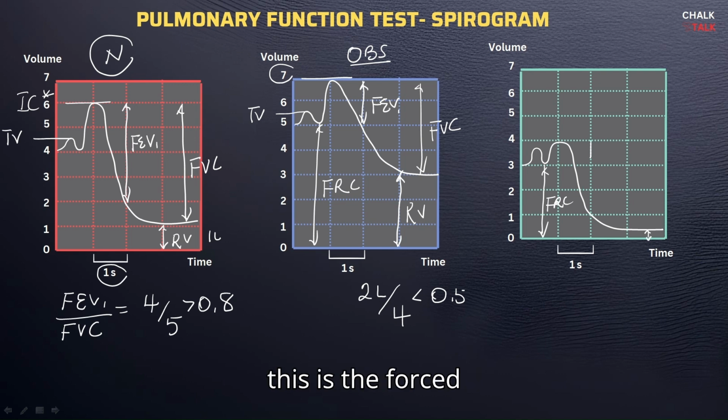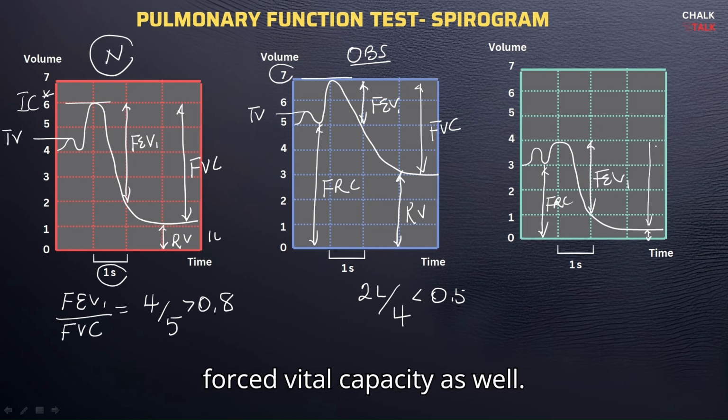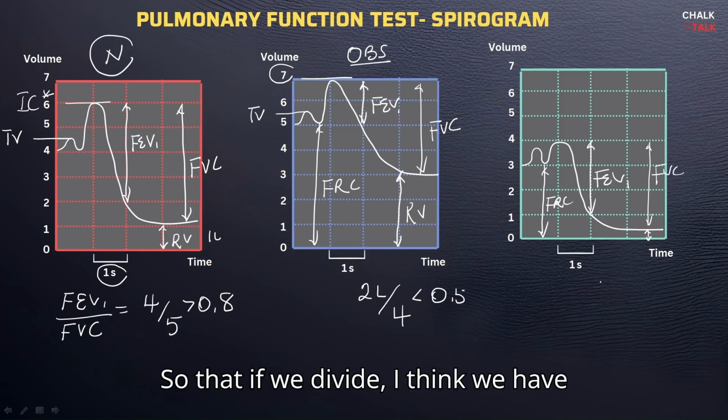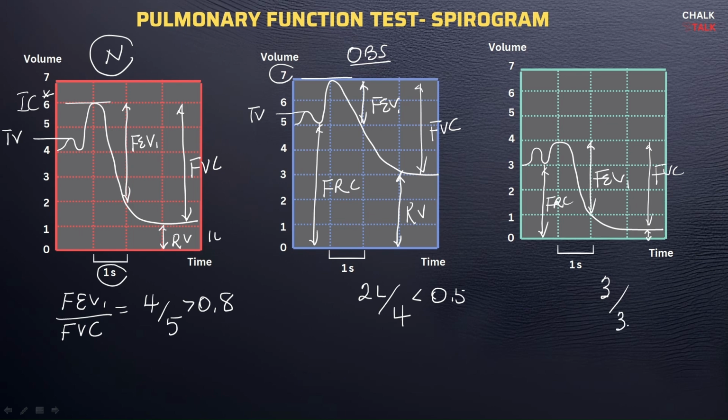And if this is the forced expiratory volume in 1 second, then this is going to be the forced vital capacity as well. So that if we divide, I think we have something around, say, 3 divided by around 3.5.